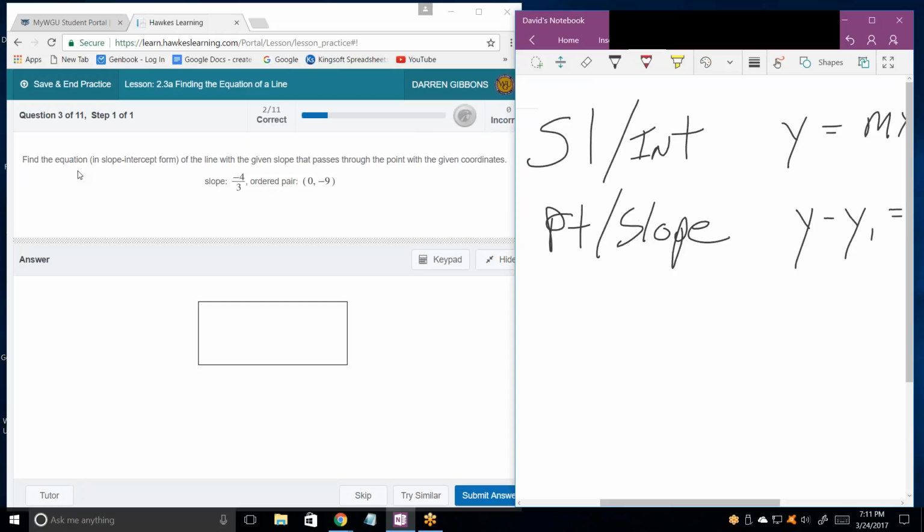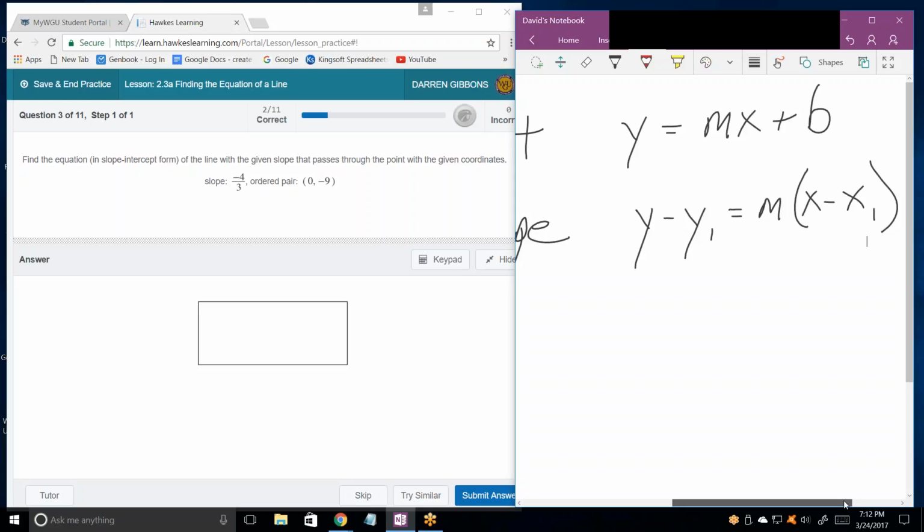Now, they have requested it to be in slope-intercept, which means that I need to solve for m and b, and I need to give them an equation. Y is equal to some number times x plus some number.